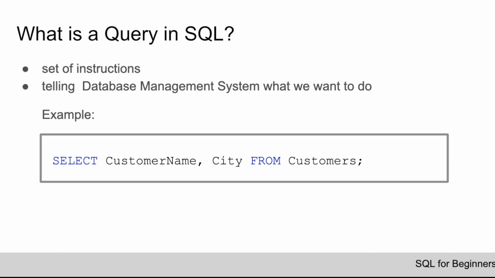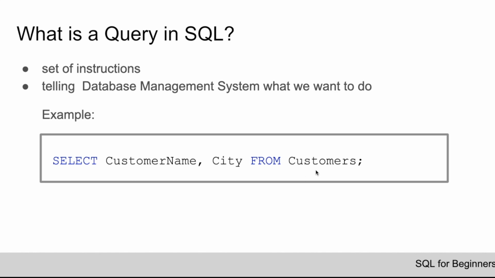For example, let's look at this. Here we say select, and we are selecting certain columns, right? Certain information, and we are selecting customer name and city, and we need to tell where we're selecting it from, and we are telling from customers.